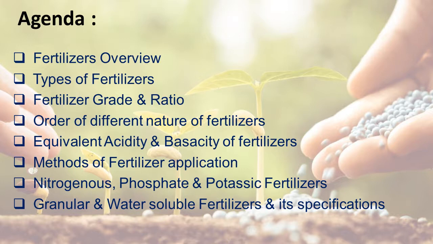Next, the order of different nature of fertilizers, that is mostly the decreasing order of fertilizers. Next is the equivalent acidity and basicity of fertilizers etc. Next is the method of fertilizer application, that is what will be the doses for the application. Next are the nitrogenous, phosphate and potassic fertilizers etc. And next are the granular water soluble fertilizers and their specifications.